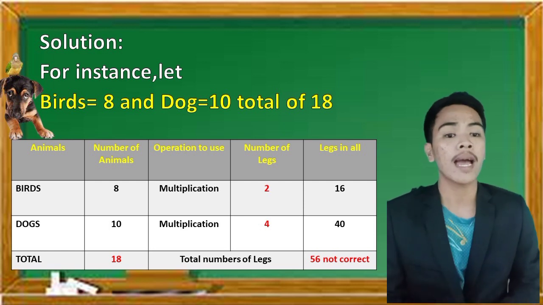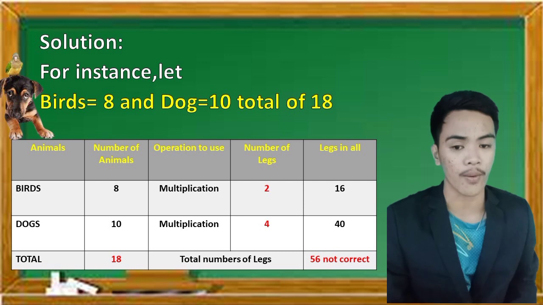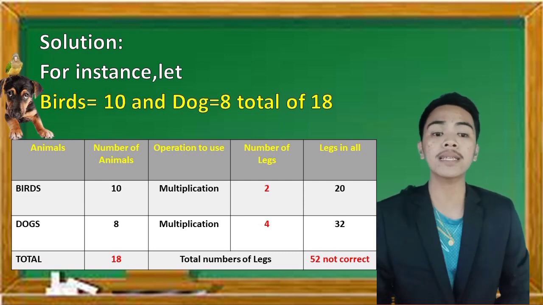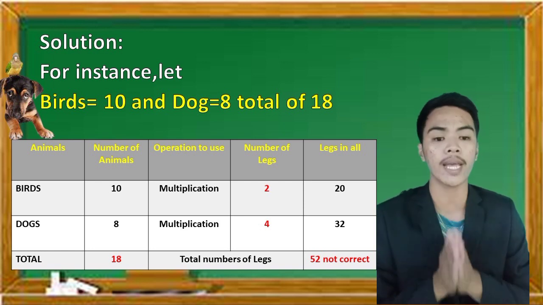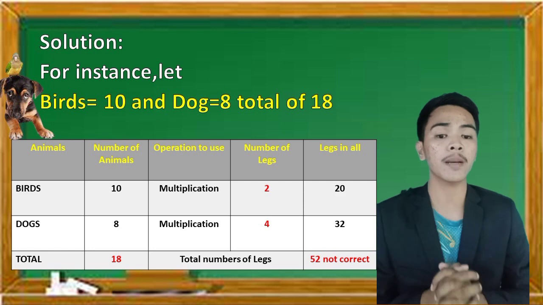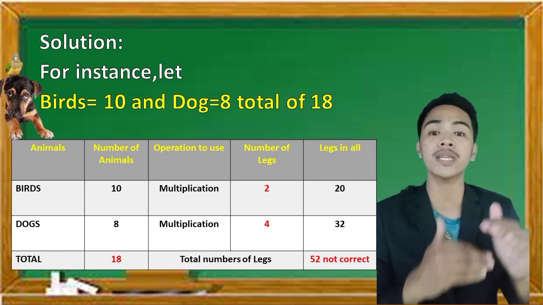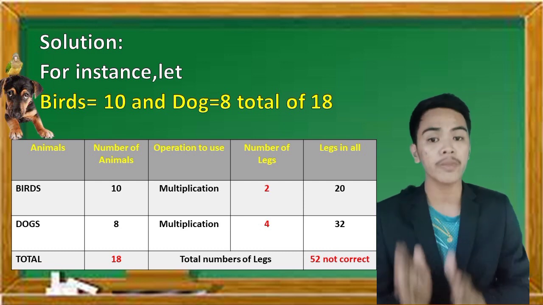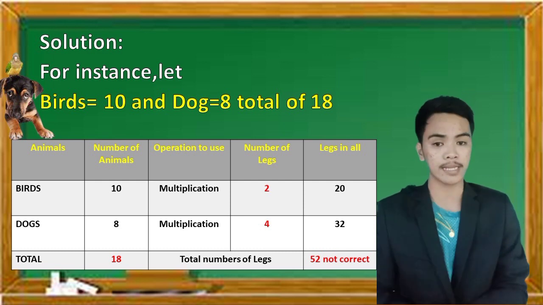So, let's have another trial and error. For instance, let birds be 8 and dogs 10. So the total is again 18. Whatever number you put for birds or dogs, it must add up to the 18 in the pet store.